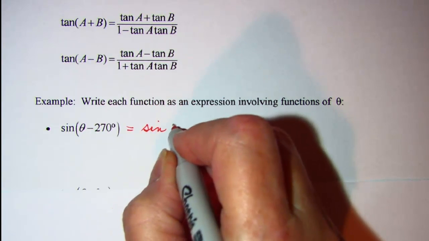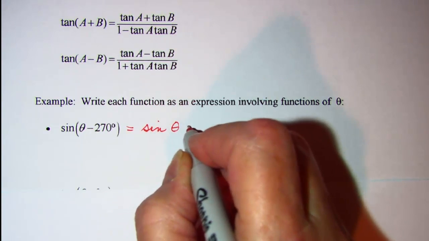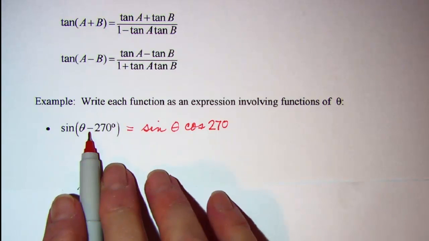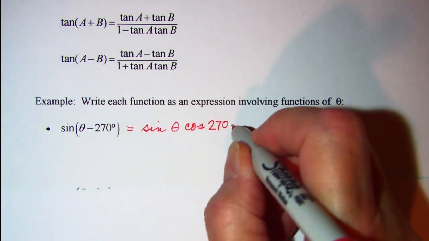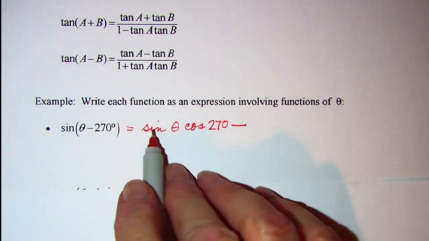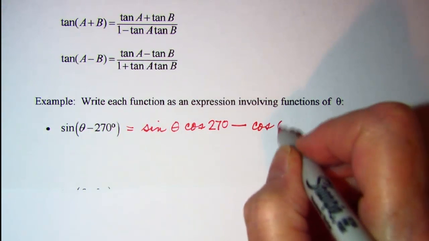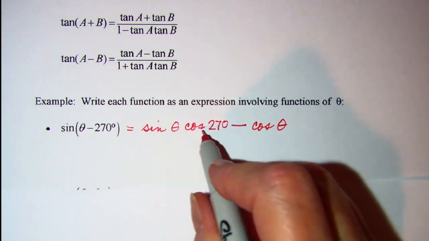So this will be sine theta times cosine 270. And then minus, since this is minus, we have a minus between the products. And then we need a cosine theta times a sine 270.